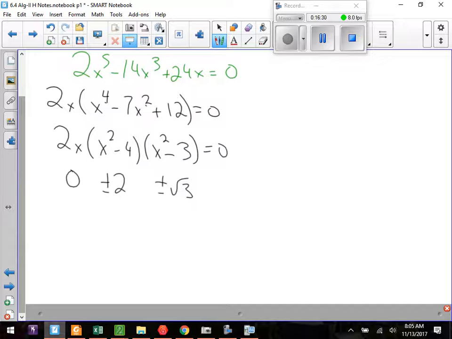This was 2x to the 5th. What are your tails doing? Down, up. They're down, up. We have zeros at plus or minus 2. Root 3 is somewhere between 1 and 2. And then we have it at 0.